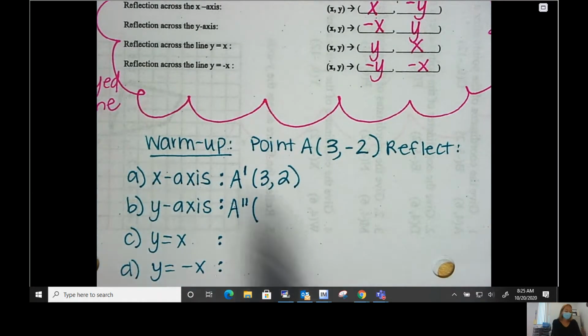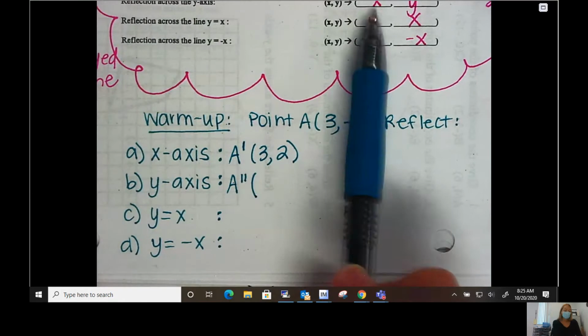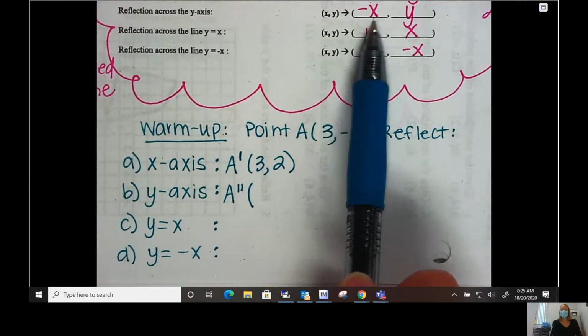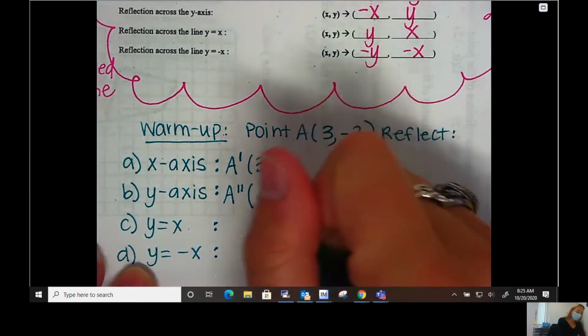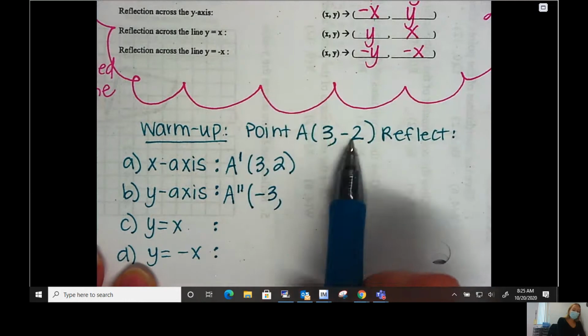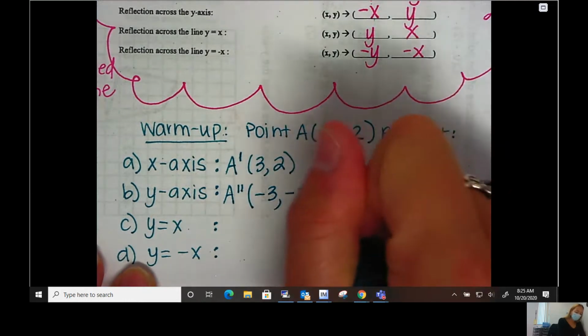Okay, so to reflect across the y-axis, I change my x and I keep my y the same. Who's got A double prime? What do you think? Who knows that one? Change the x, keep the y. -3, -2. Good. -3, so I change that one. And then I keep my -2 the same.